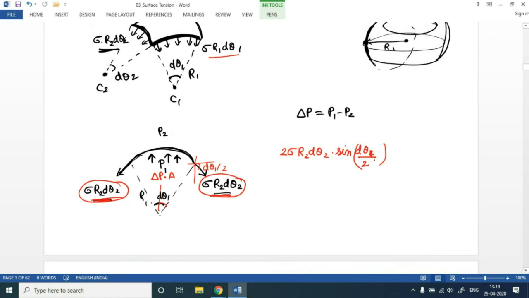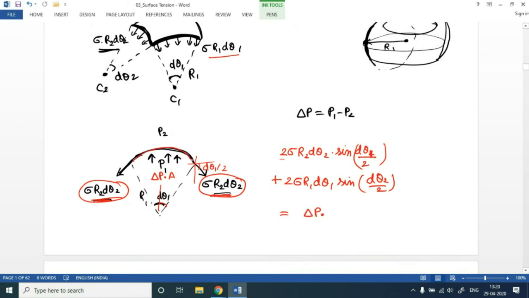This would be the force, and we take 2 components. Similarly, one more component we will have, 2 sigma r1 d theta 1 times sine of d theta 2 by 2. This will be equal to delta p times the area.